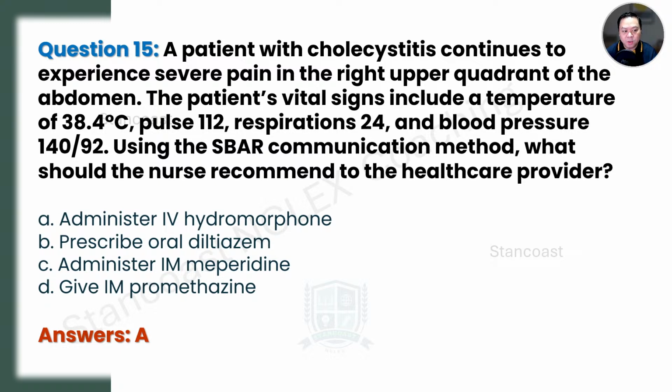And so with the adverse effect, which is the seizure because of the toxic metabolites, this medication is no longer recommended, okay? And if you selected letter D, give IM promethazine. This is something that can treat the nausea, but it will not address the severe pain that our patient is experiencing. So let's go back to addressing the patient's severe abdominal pain, okay?